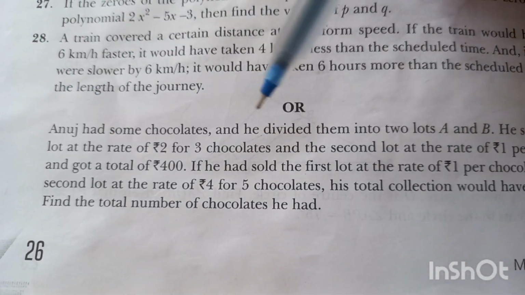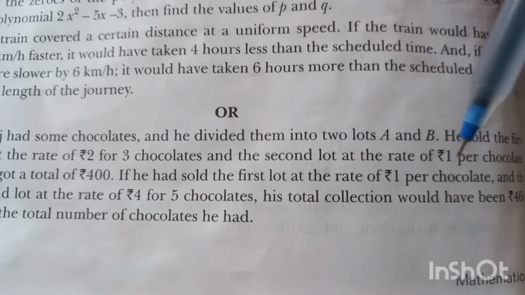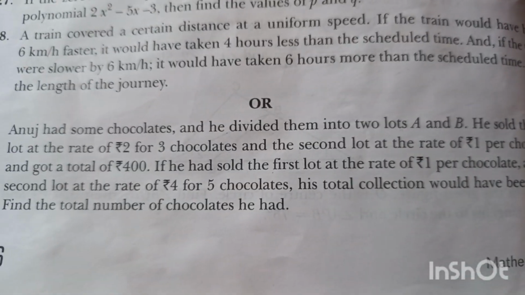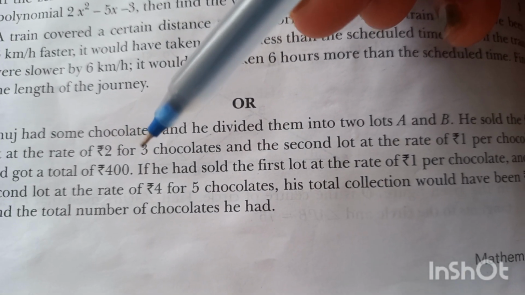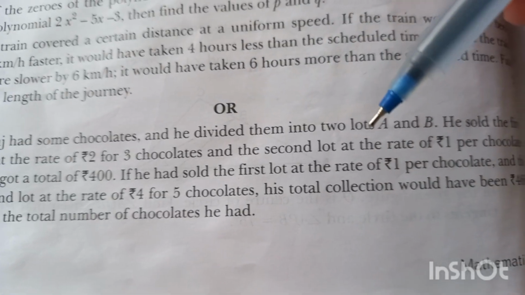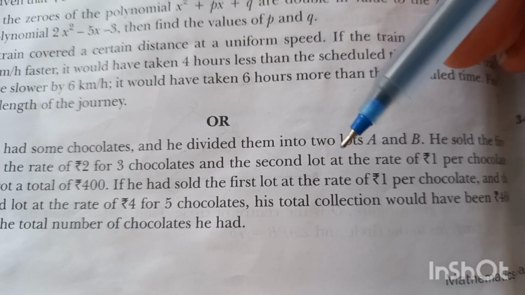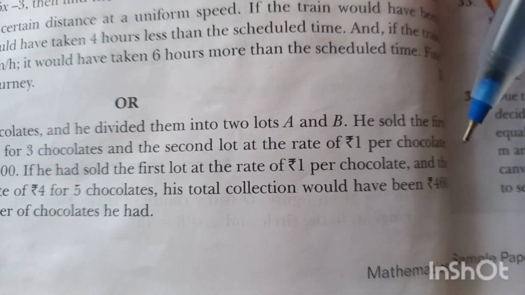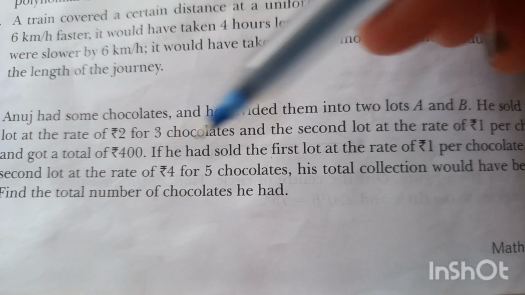Anuj had some chocolates and he divided them into two lots, A and B. He sold the first lot at the rate of rupees 2 for 3 chocolates and the second lot at the rate of 1 rupee per chocolate and got a total of rupees 400.